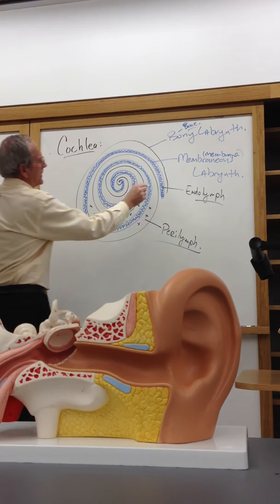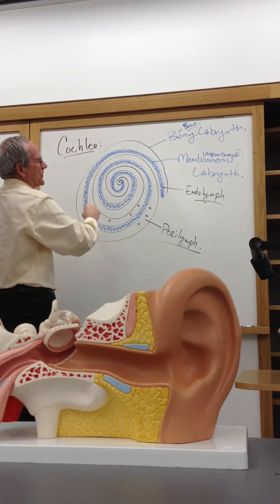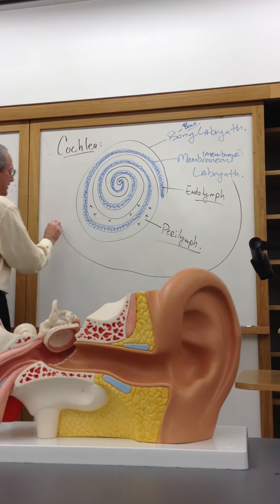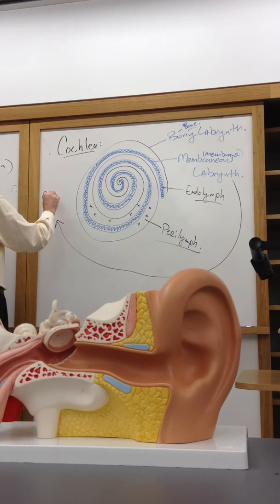Now, this area here, this membranous labyrinth, is also referred to as what we call the cochlear duct. And it is in the areas of the cochlear duct where we find smaller structures that lie on the basilar membrane.